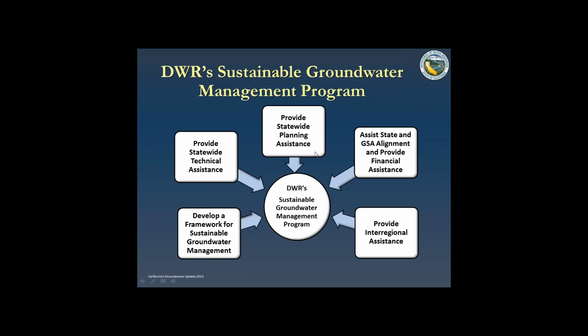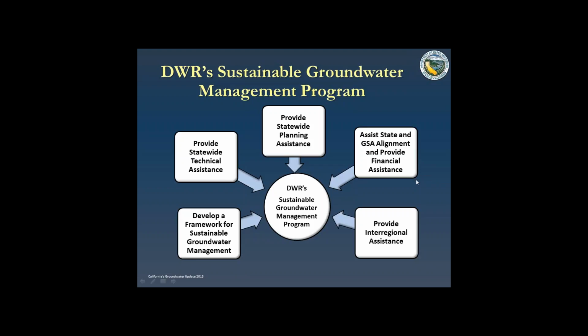Providing statewide planning assistance. This is where we're going to work towards taking our Bulletin 118, which is kind of an update of California Groundwater, and incorporating that into our Bulletin 160, the California Water Plan, on a regular basis, so those two are more integrated. And then, of course, we have alignment with the state and providing financial assistance.